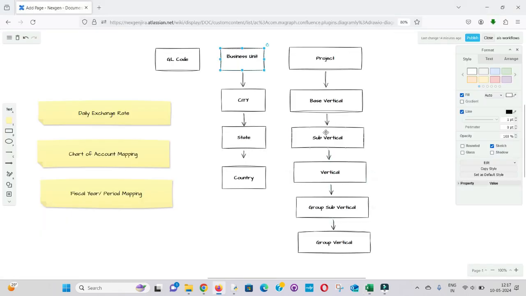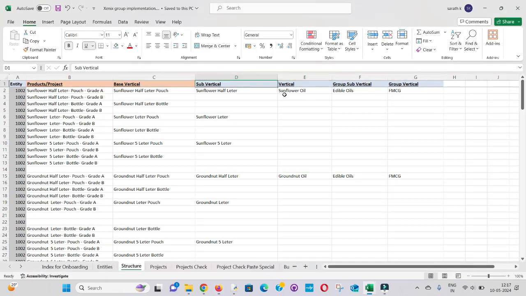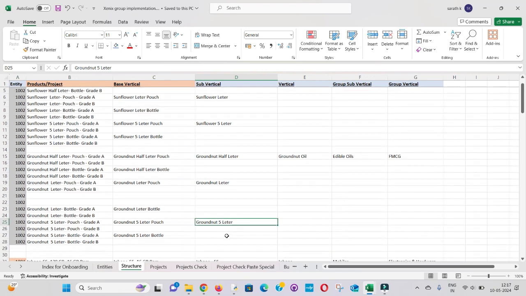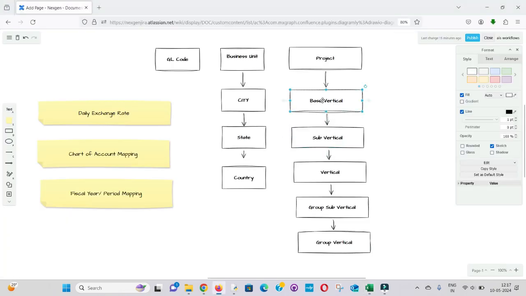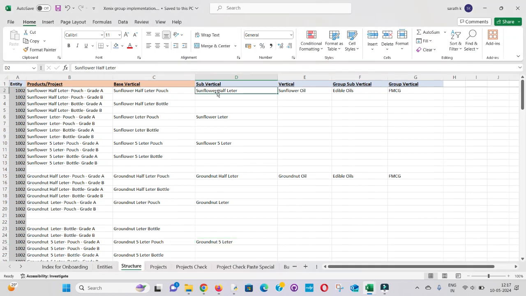And in turn, at sub vertical level, you can see sunflower oil they were manufacturing in half liter, liter as well as 5 liter. Groundnut they have defined into groundnut half liter, groundnut liter as well as groundnut 5 liters. At base vertical level, all these half liters were further divided into half liter pouch sunflower, half liter bottle.